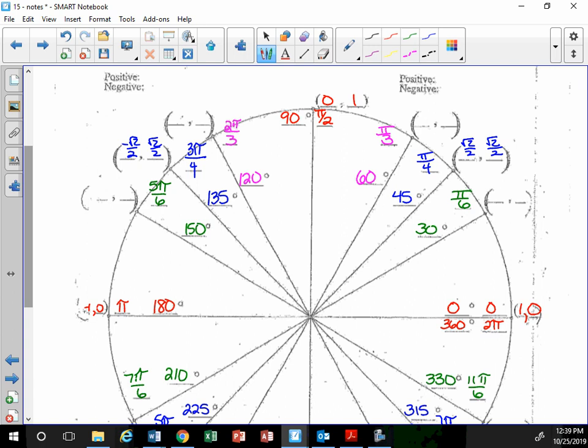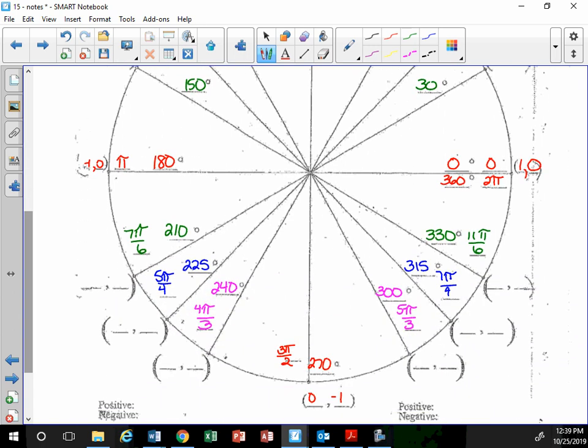What's going to happen in the third quadrant? Both negative. And in the fourth quadrant, negative y. So it's going to be root 2 over 2, negative root 2 over 2.